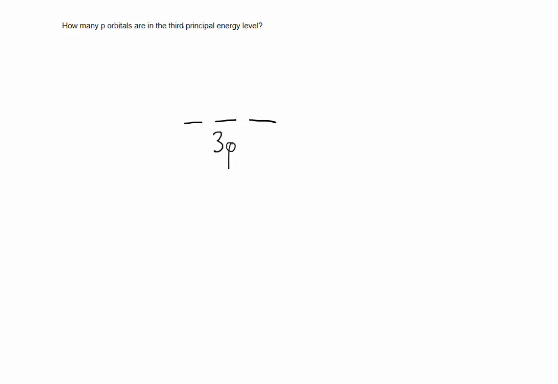In any principal energy level, I could change this to the 2nd principal energy level, and it would still be 3 p orbitals. Or the 4th principal energy level, still 3 p orbitals. Within a particular principal energy level, there's only going to be one 3p or one 4p or one 2p, and so there's only 3 orbitals with that.